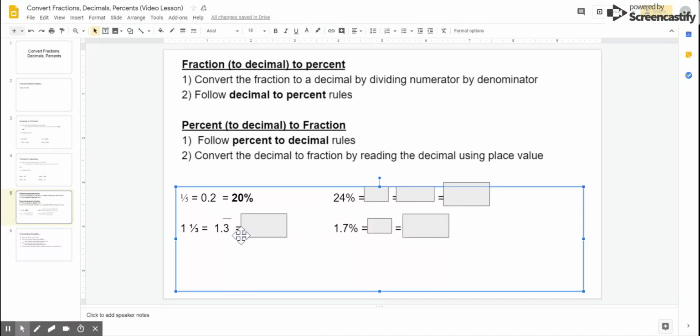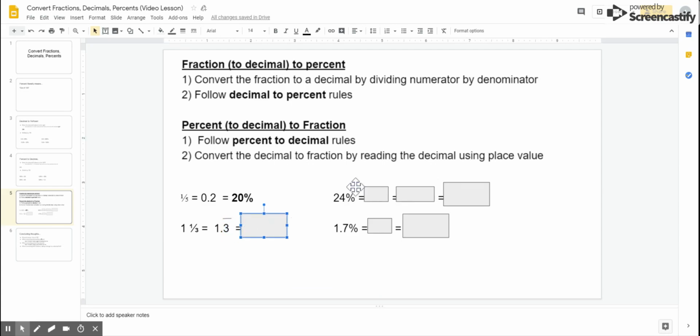Now we're going to convert the decimal to a percent by moving the decimal point 2 places to the right. So 1 place would be here, 2 places. So what number is really after 3 repeating? It's not 0, it's really 3. I just wrote this 0.3 repeating at the end of it because technically there really isn't a 0 here, there is a 3.